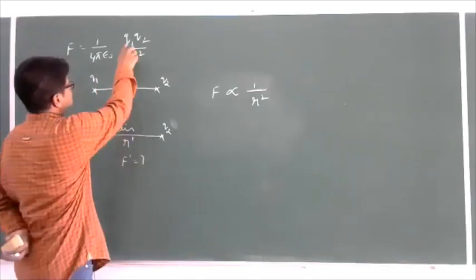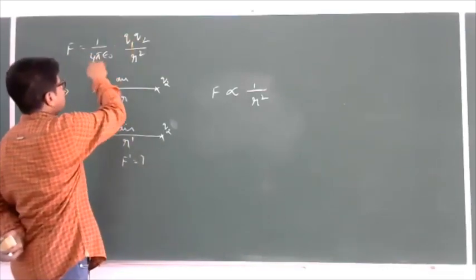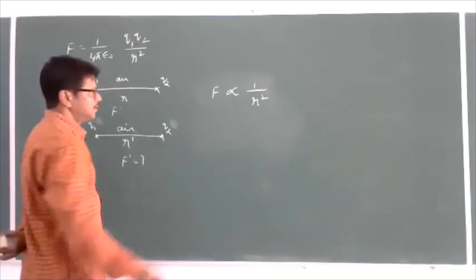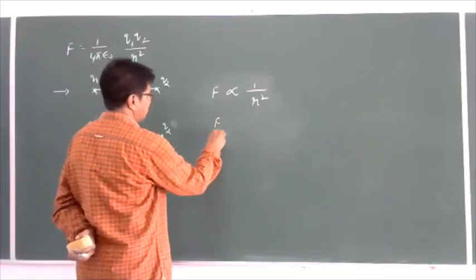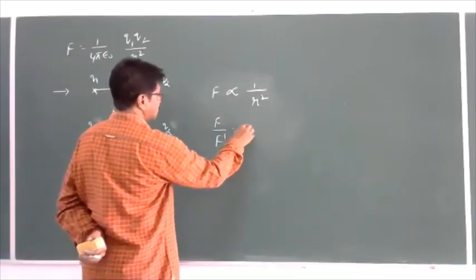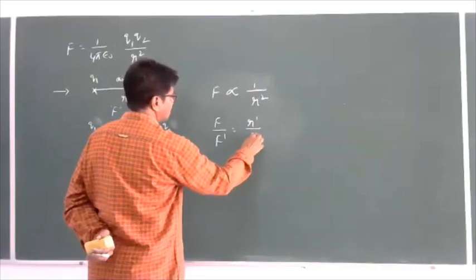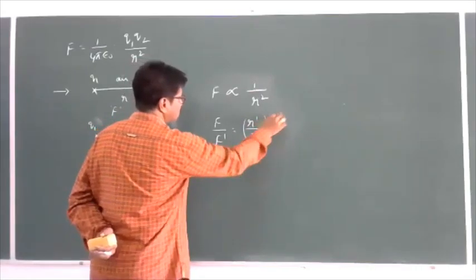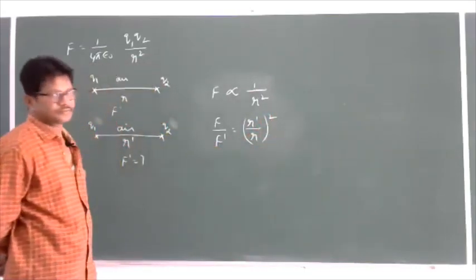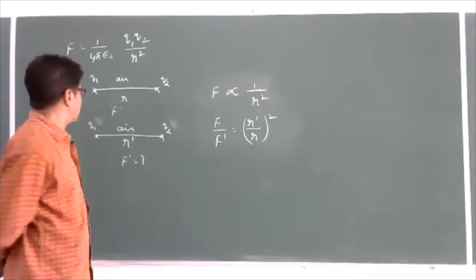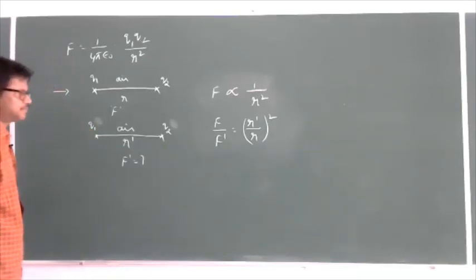Why? Because the charges are the same, the medium is the same. In such a case, F by F dash is equal to R dash by R whole square.